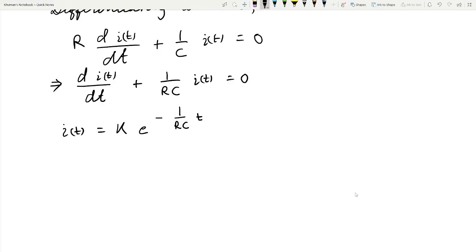Okay, so from here we can find out the value of k by applying the initial condition that at t equal to 0 the capacitor will behave like a short circuit. That's why i(0) will be equal to Vs by R.